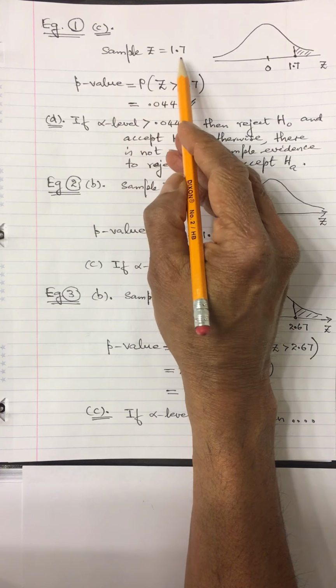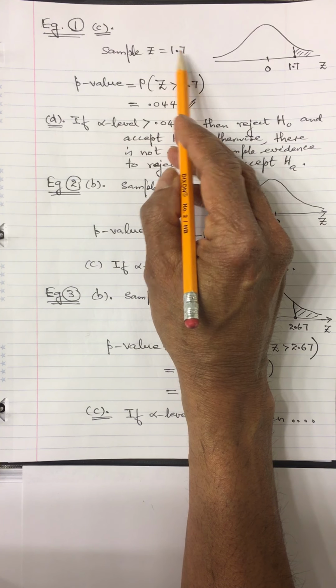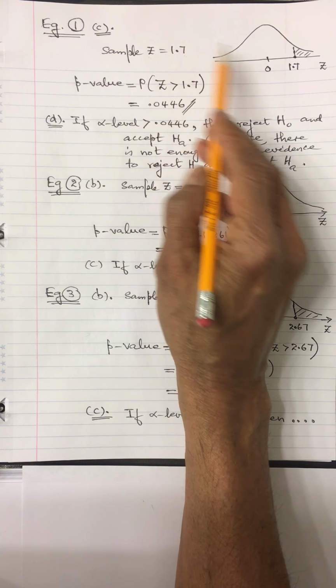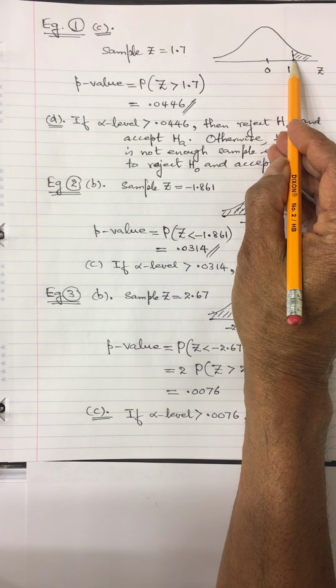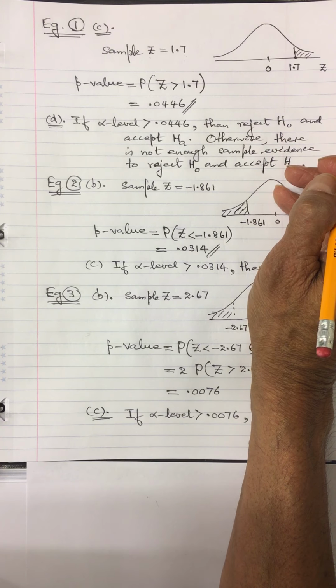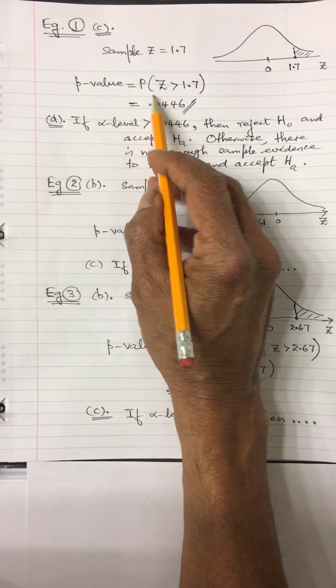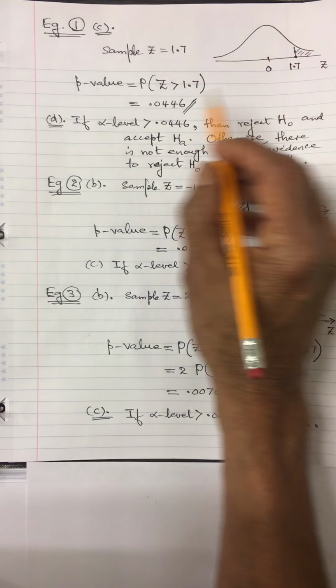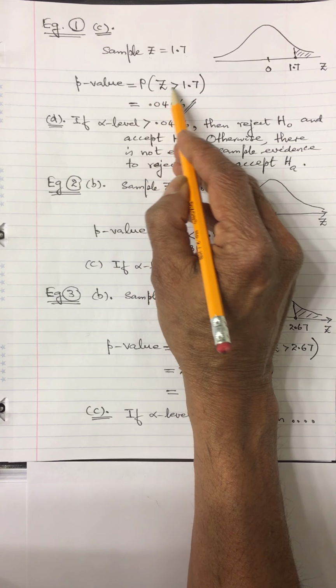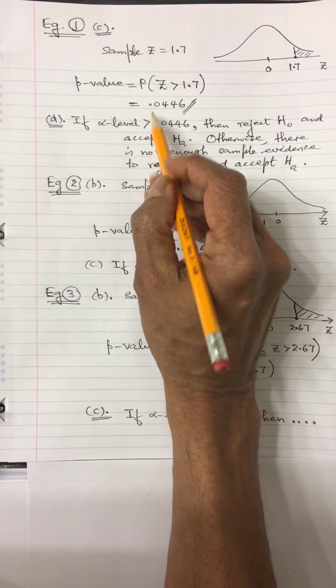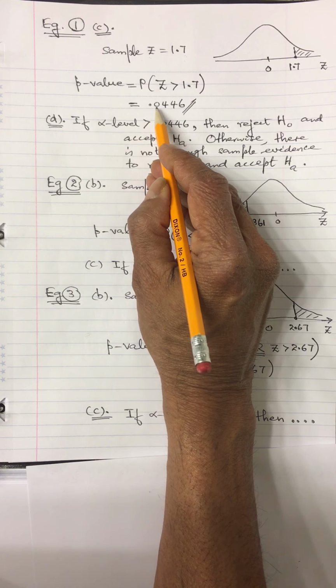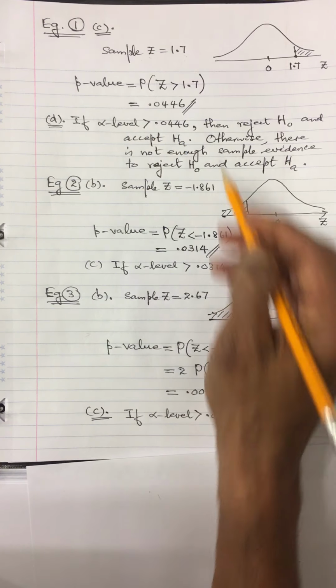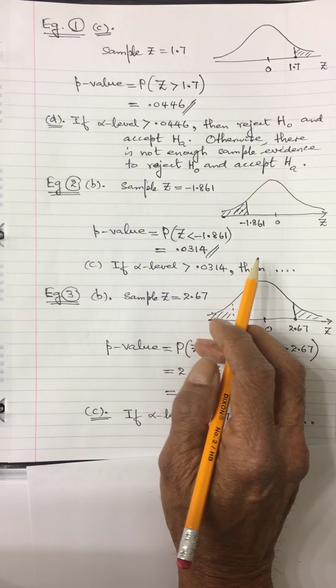I want to now figure out the p-value. All you have to do is set your cutoff right on that value and figure out the shaded area. The p-value from the z-table, because this is going to follow the z distribution, is the probability z more than 1.7, which is 0.0446. This is coming out of your z-table.